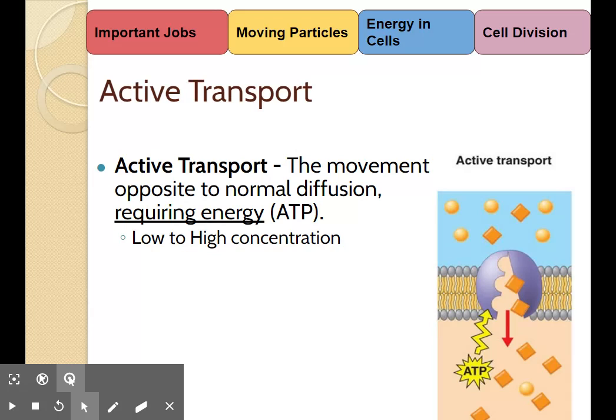We want to go from an area of low concentration and shove more into an area of high concentration. That takes energy, and that required energy has 3 letters: ATP. That stands for adenosine triphosphate. You don't need to know that. You just need to know ATP.